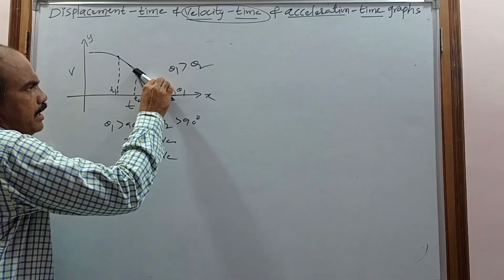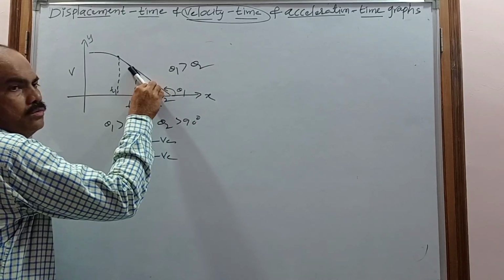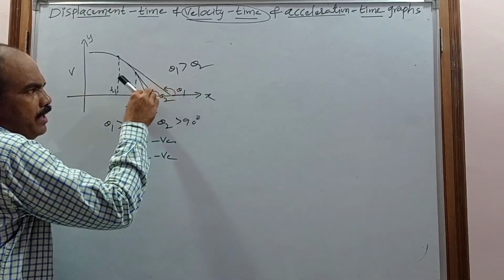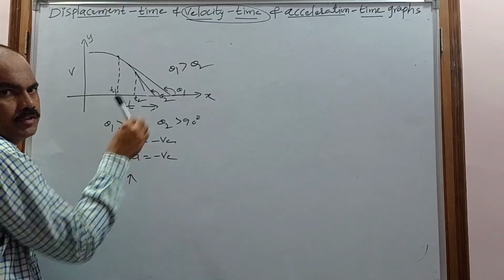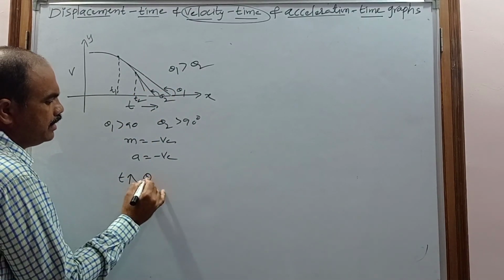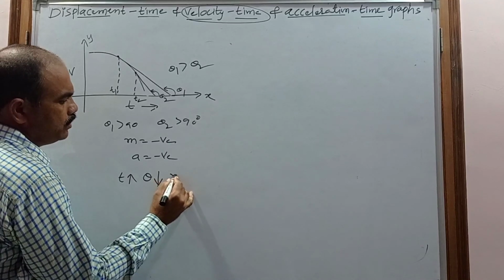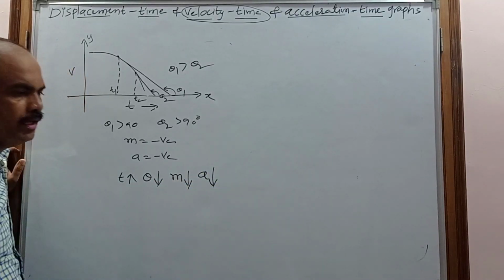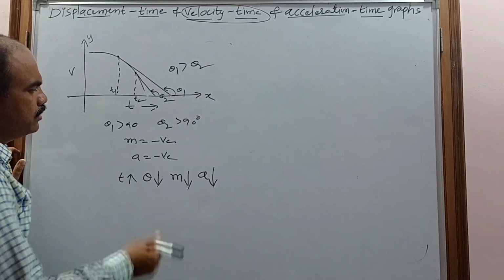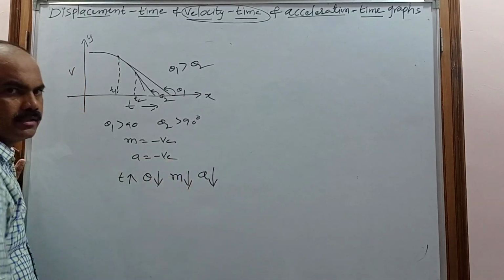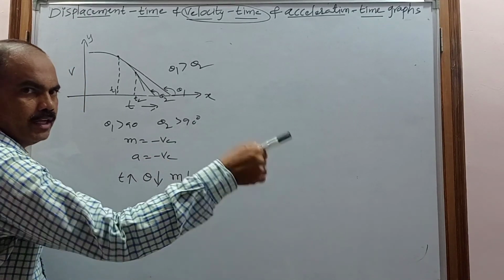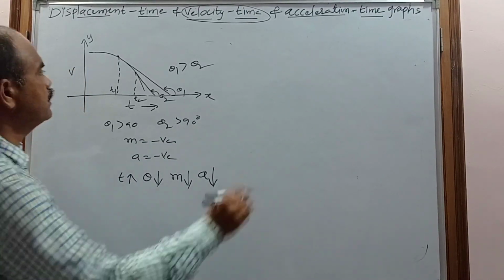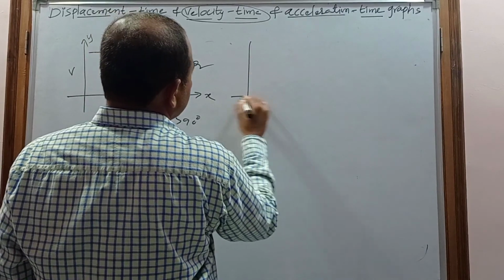The steepness is decreasing, so the theta value decreases, the slope decreases, and due to that the acceleration also gradually decreases. So it is negative but negatively decreases. In the previous case, it negatively increases. Now coming to another graph.